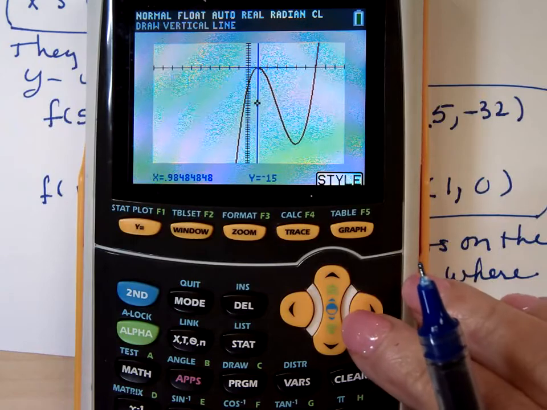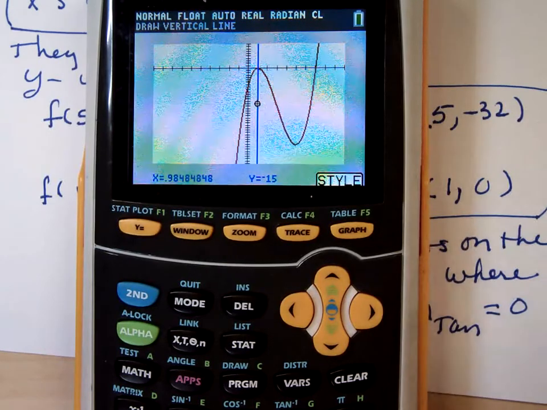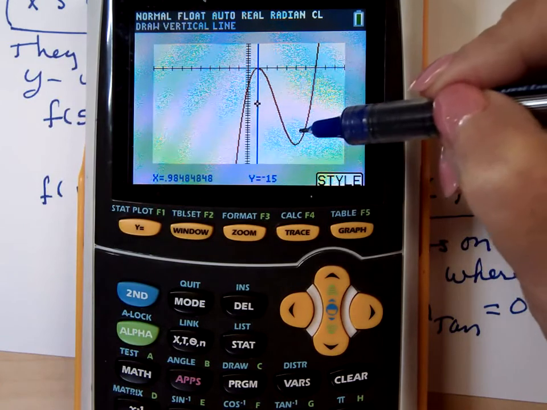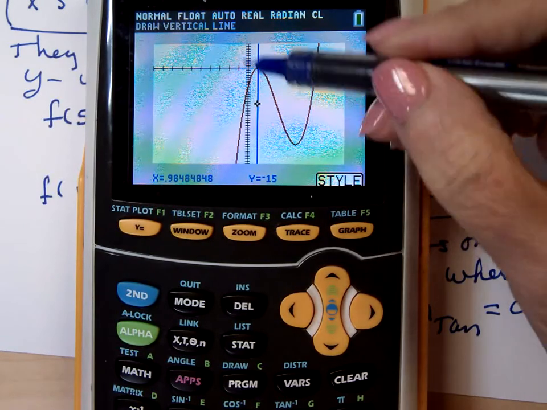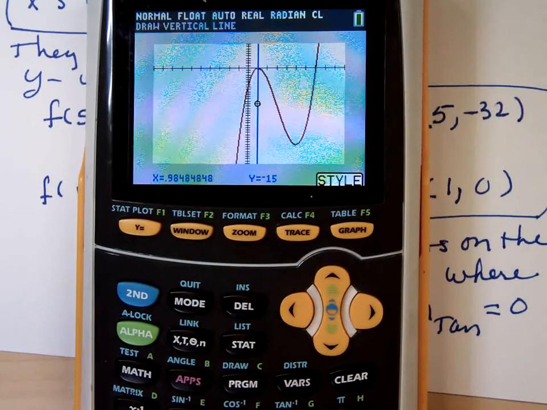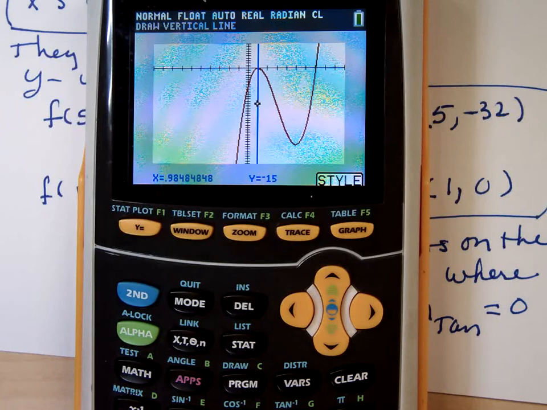And go a little bit more. There I'm close to 1. Notice that it has a hill. Anybody remember, we're going to be doing this in college algebra tomorrow? What is that hill called? Not an inflection point. Begins with an M. Maximum. There's a maximum. A hill is a maximum.